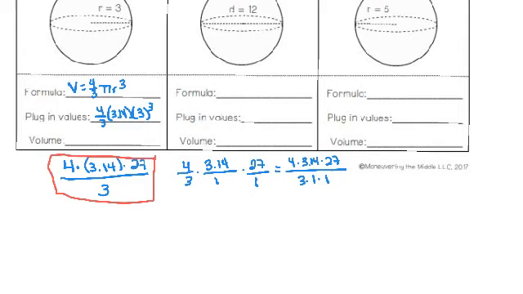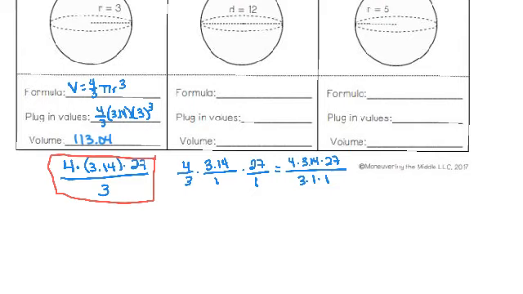And so we'll go back to blue. So we get 4 times 3.14, just throwing these numbers in my calculator. That's all we're doing. 4 times 3.14 times 27 equals 339.12, and then divided by 3, and I get 113.04.